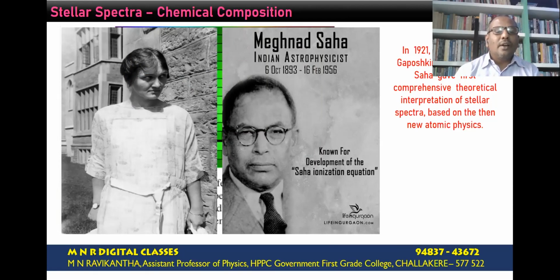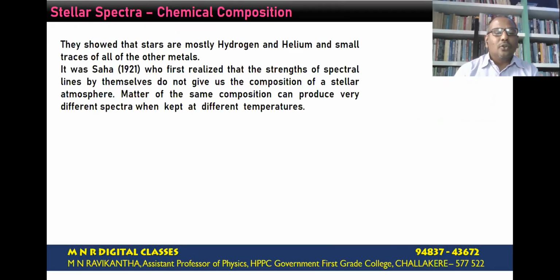In 1925, Cecilia Payne published her PhD research work in which she clearly explained the basis for the chemical composition from the stellar spectra. They showed that the stars are mostly hydrogen and helium, with small traces of all the other metals.